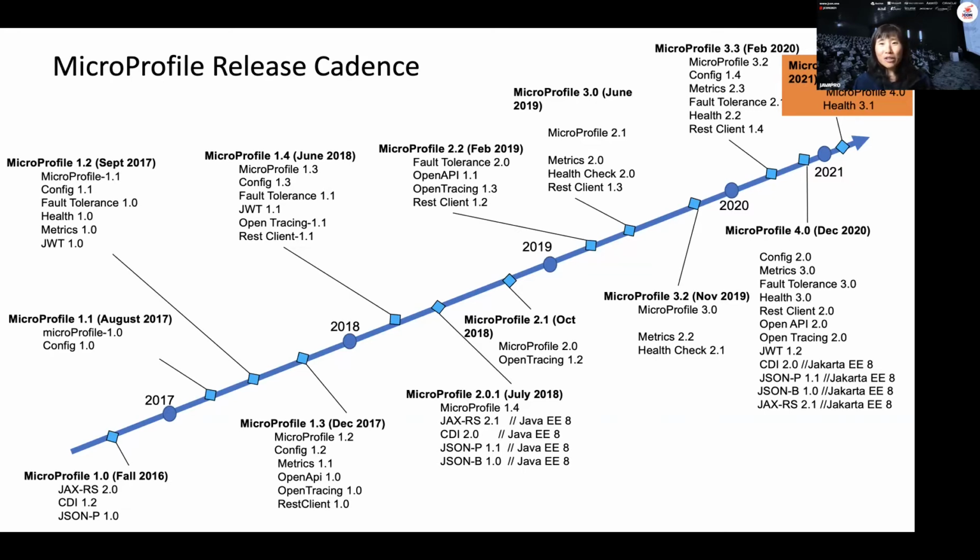We have been doing 3 releases per year, but last year and this year we did a big shift in work. Last year we spent quite a bit of time setting up a working group and putting all the processes in place. So we did 2 releases, and this year we're hoping to do another 2 releases. Next year, we are trying to get back to the 3 releases pattern.